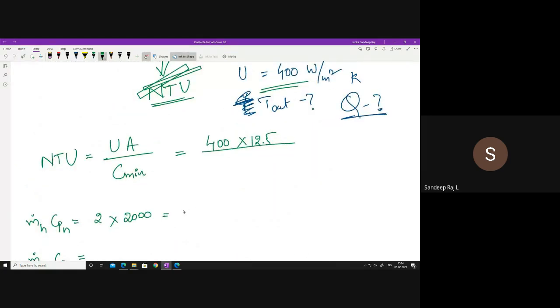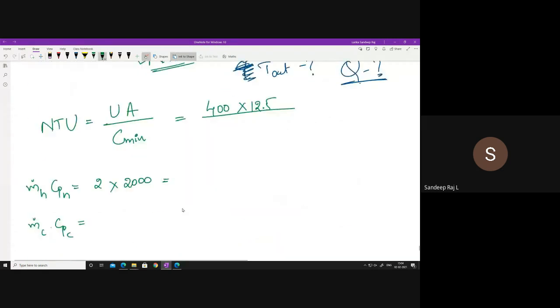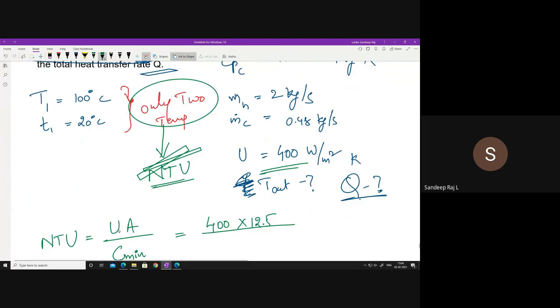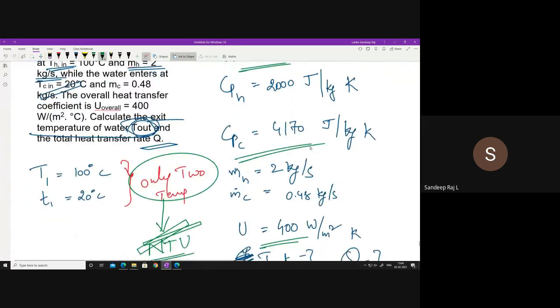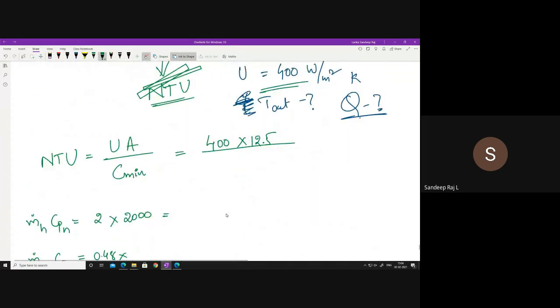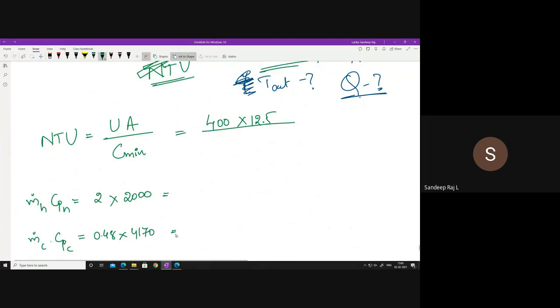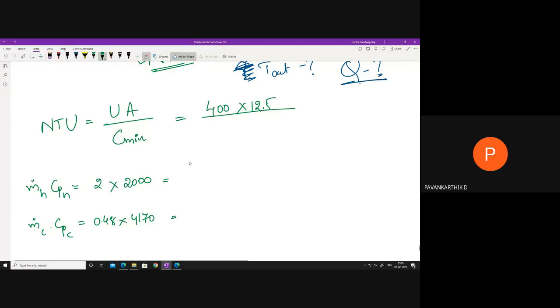Also, I'm writing M dot C value 0.48, and CPC value is 4170. Tell me these values now. 4000 and 2001.6. So this is the maximum value.